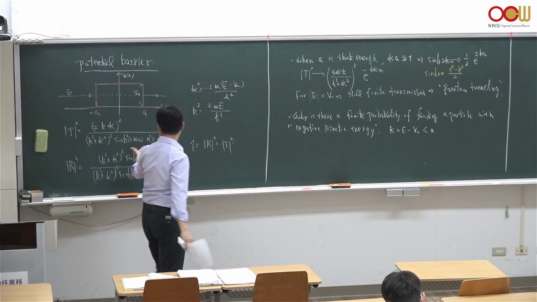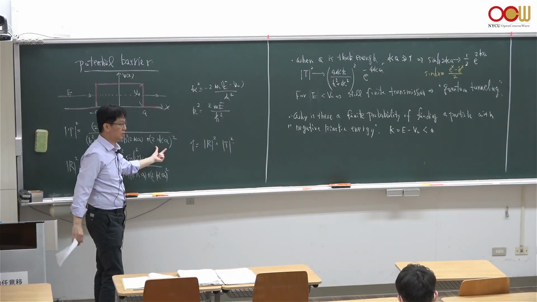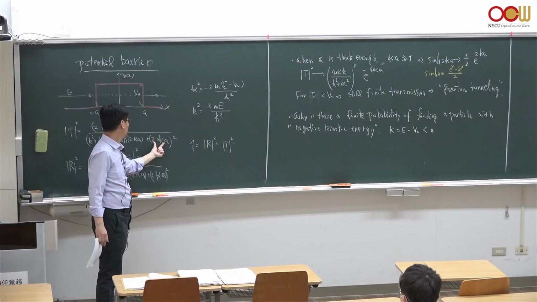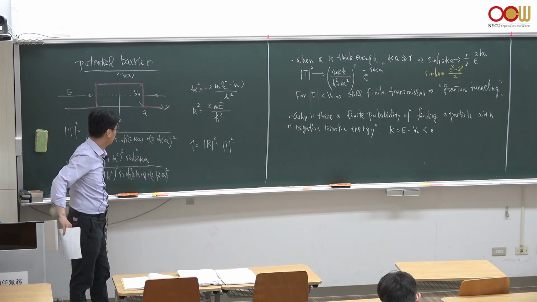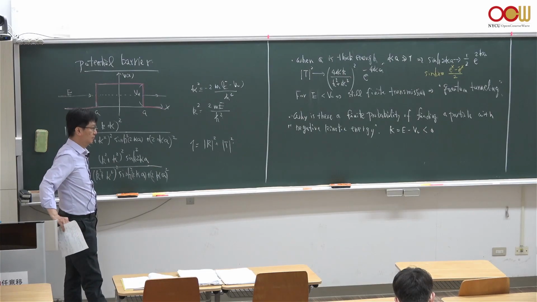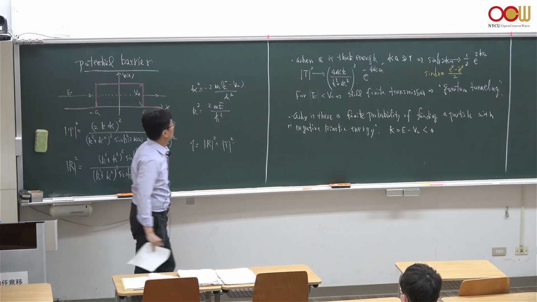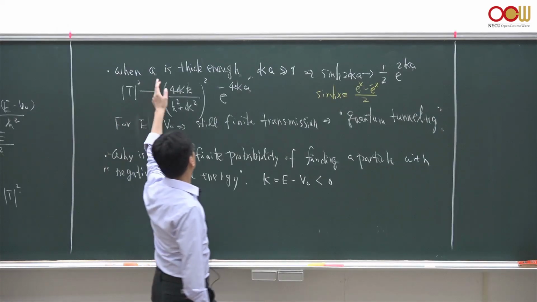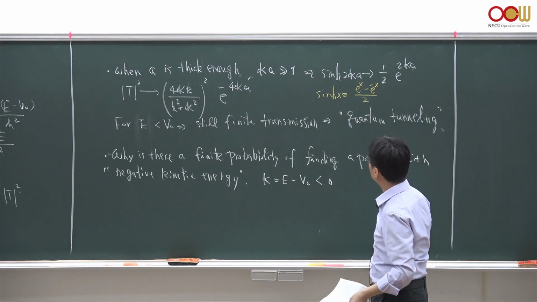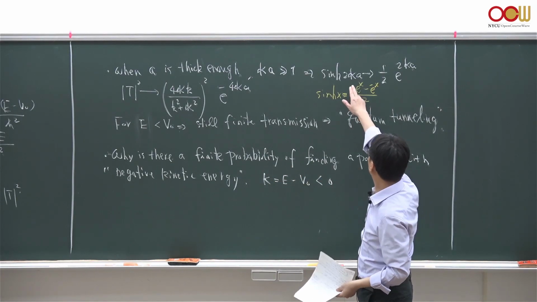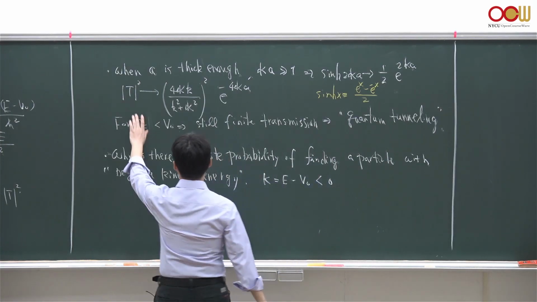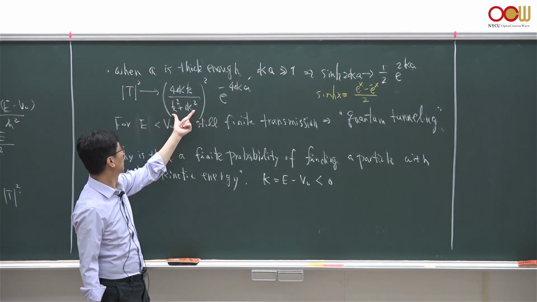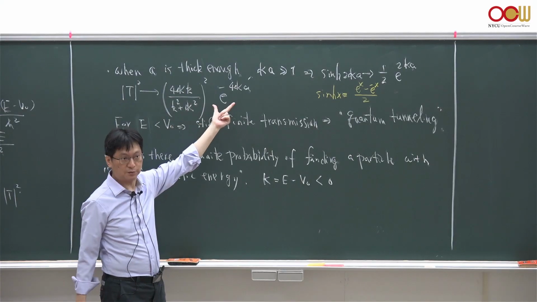Later we'll see whether this quantity, 2 times kappa a, is very large or very small. In the regime where a is thick enough, or kappa a is larger than 1, the hyperbolic sine is given by this exponential function. So T squared can be further reduced to a prefactor times an exponential decay.